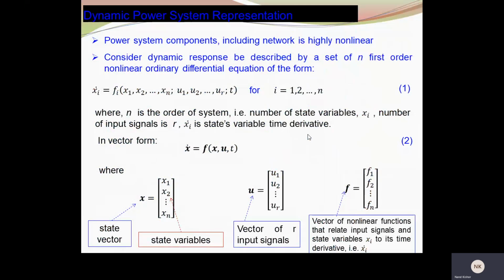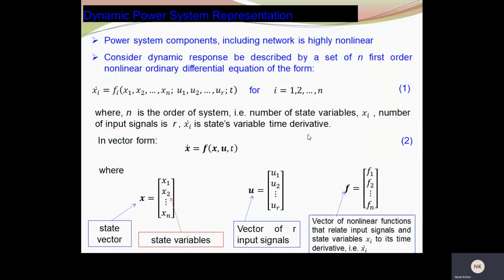We move to the next slide now. Now, this slide is for discussion about the dynamic representation of the power system. As I said in one of the earlier slides, the power system components will include the generators, the turbines, then the associated controls in the generator, maybe the AVR, automatic voltage regulators, then you have governors, and then you have the transformer, the line impedances, and then loads.